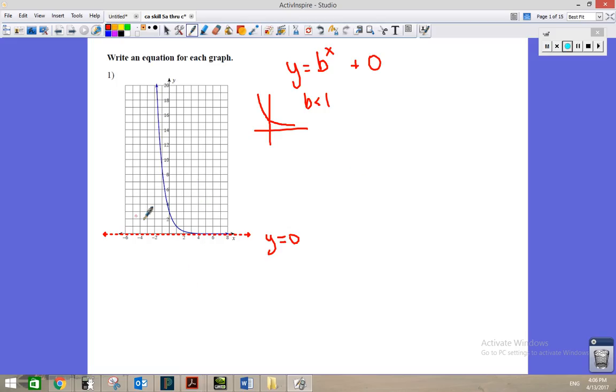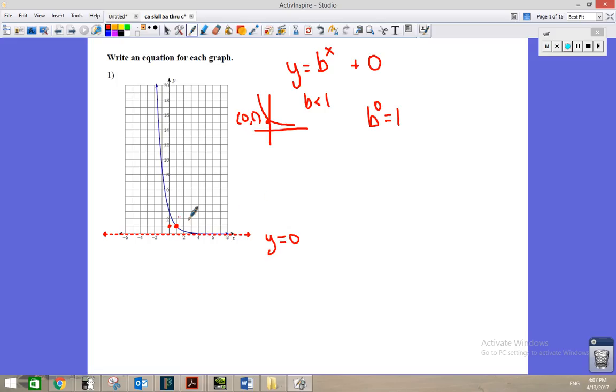Now what about shifts left and right? Normally, with b to the x, when x is 0, b raised to the 0 power is equal to 1. So a basic exponential function will be passing through the point 0, 1. But this graph is not passing through the point 0, 1. So I suspected there was no shift up or down. What about a shift to the right?